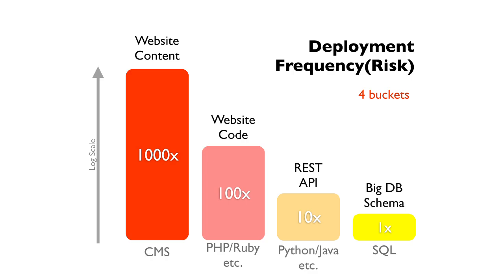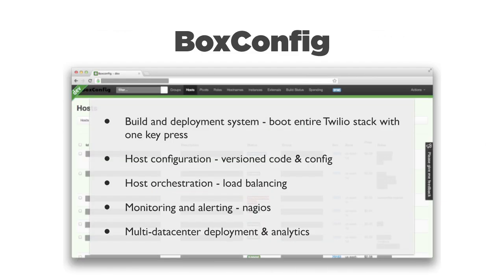But to automate deployments and to be able to bring up the full Twilio stack with just one click of a button, we built an internal tool called BoxConfig that lets us manage host configuration, orchestration, and monitor running hosts, and really eases our lives, because we can build the full Twilio stack with just one single click of a button.